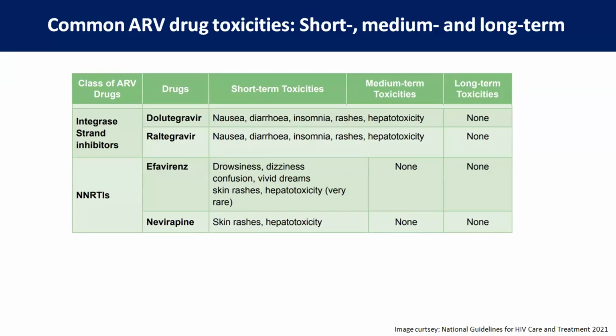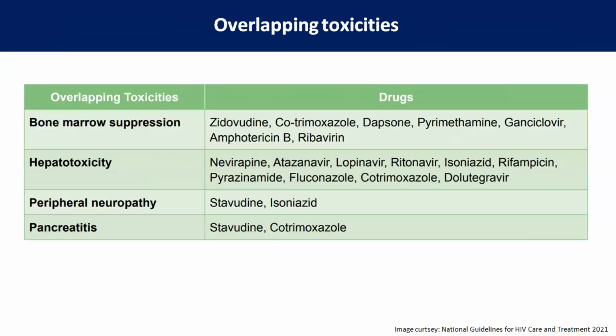And among NNRTIs, efavirenz and nevirapine, which we used before 2020, CNS toxicity was common as a short-term toxicity with efavirenz, along with hepatotoxicity for both efavirenz and nevirapine, and they are notorious for causing skin rash.